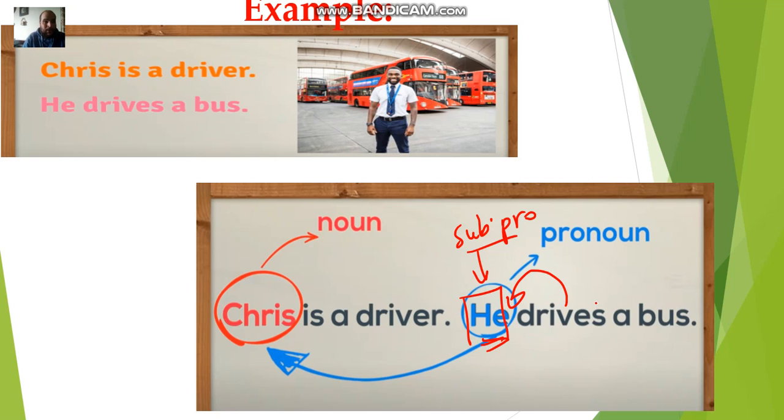And here, what is receiving the action of being driven? It's the bus. So the bus should be replaced by an object pronoun, which is it. But pay attention to it because it's the same in the subject and the object pronouns. It is not going to change.